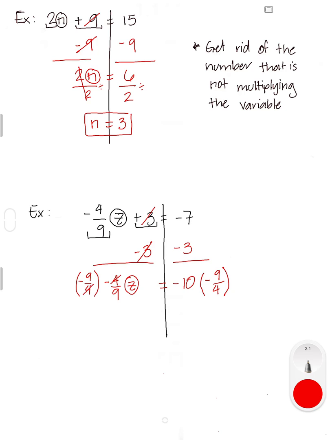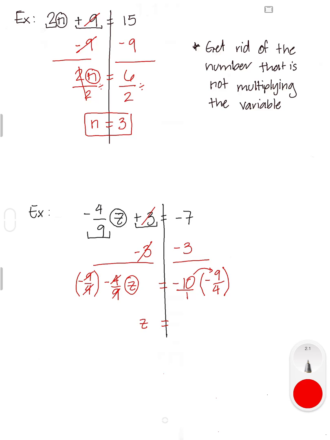So this 4 cancels with this 4, 9 cancels with 9. Again, this is actually becoming a 1, right? I'm just going to say that they cancel each other, but they actually become 1. So this is the letter 1z equals negative 10 over 1 times negative 9 over 4. So I multiply the two numerators.